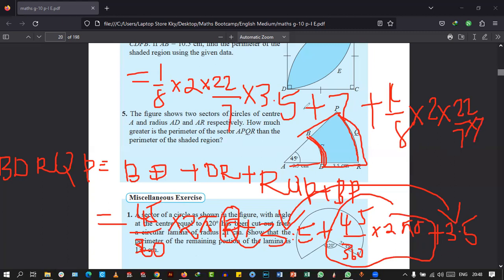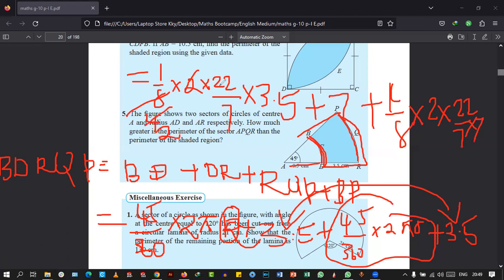Now, if you solve this one, you can obtain the answer for this shaded perimeter, right? Shaded perimeter, not the area. Just the perimeter, right? Okay. So we can solve this. So 4 will be there.